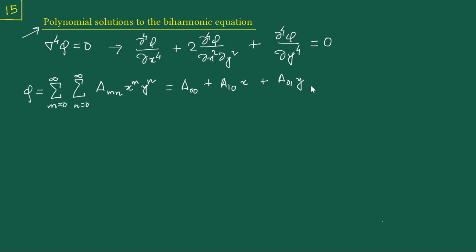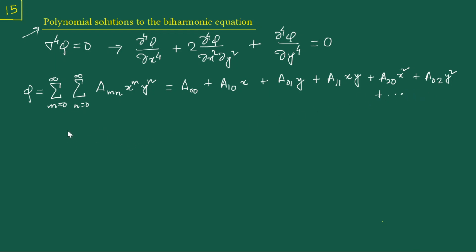And if we take m equal to 1, n equal to 1, we'll have this first quadratic term, a 1, 1 xy. And similarly, you can understand that we'll have other terms of this sort. Okay, we can keep on writing them out as much as we please. So dot dot dot.